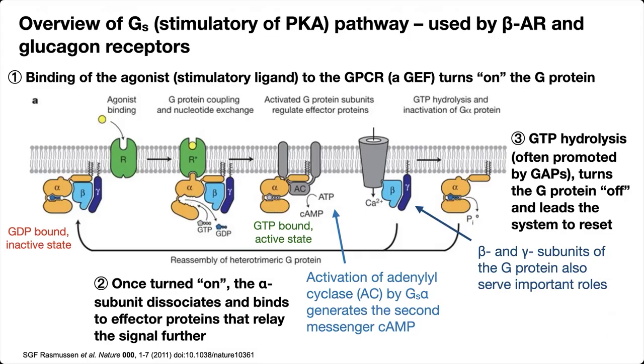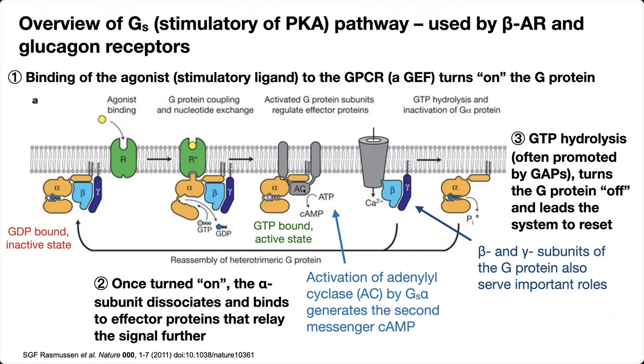Once bound to GTP, now this G alpha subunit is going to dissociate from the beta and gamma subunits. And it's going to have these lipid portions, these hydrophobic portions that allow it to diffuse through the membrane to find adenylyl cyclase. And so now we have just the G alpha protein, in its GTP bound state. So it's active.